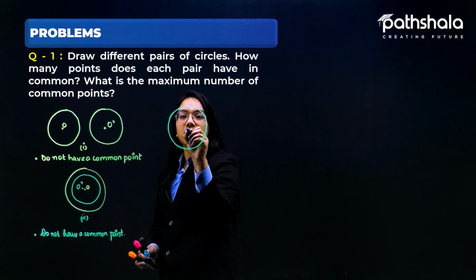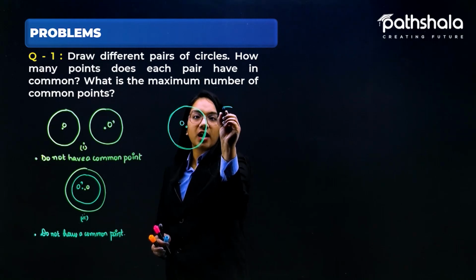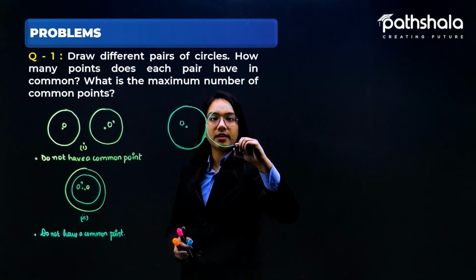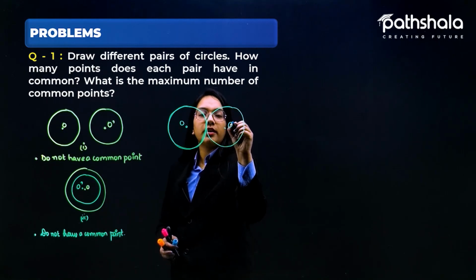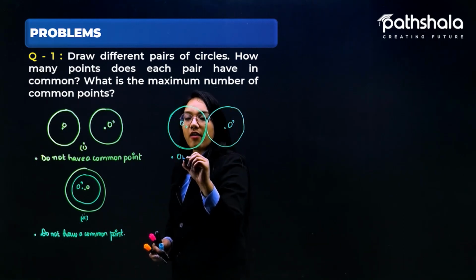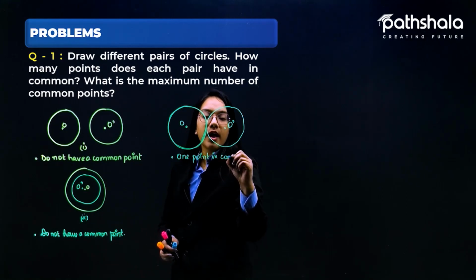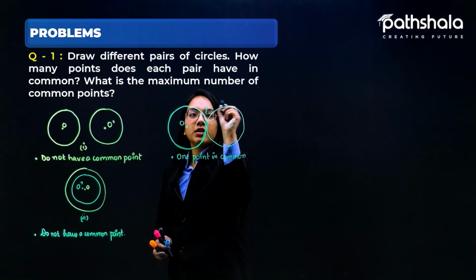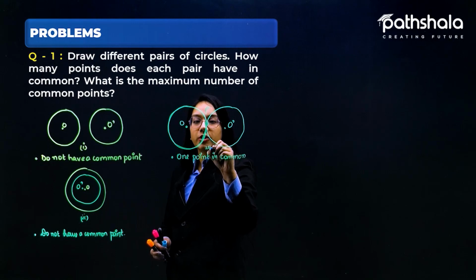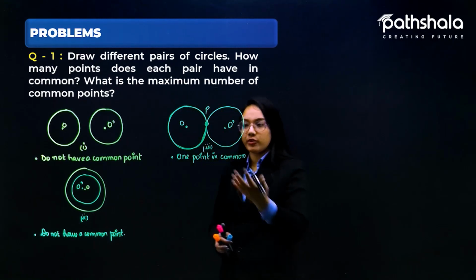This is my first circle, having the center at O, and let us suppose I take another circle such that it intersects this circle at only one point, so you can see that they have 1 point in common. Let me call that common point P. So this is the 3rd case in which I have drawn a pair of circles with only one common point.